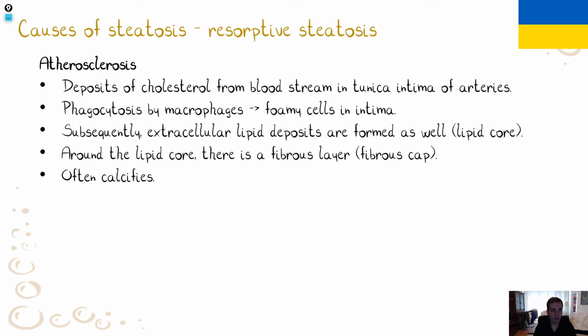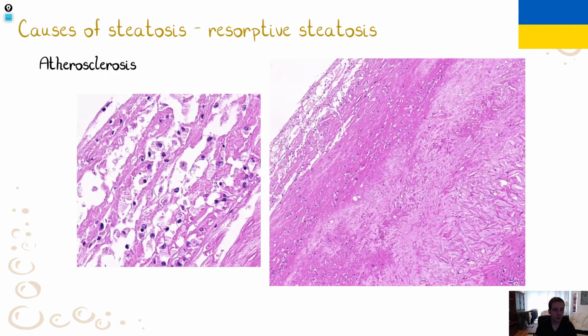So initially the atherosclerosis starts as intracellular steatosis, but subsequently, and you can see it here on the picture, this is tunica intima of artery, and here you can see multiple foamy macrophages.